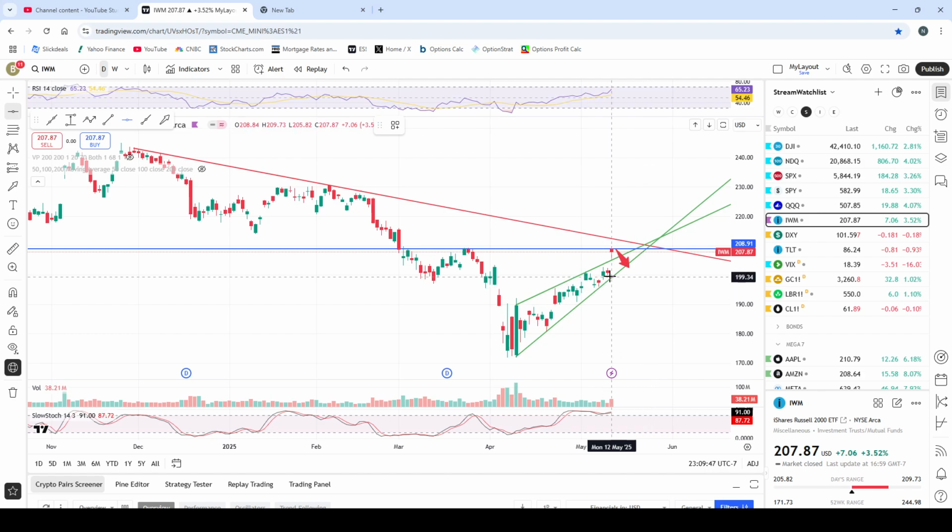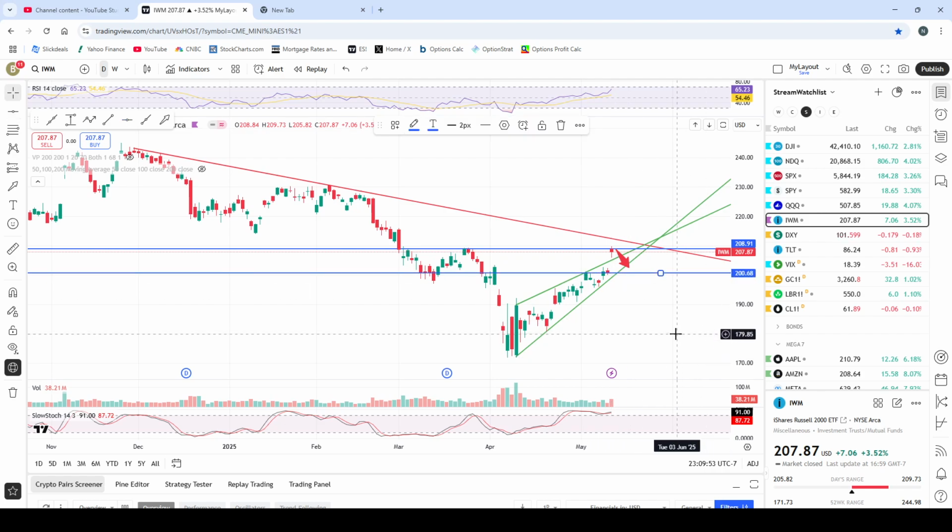So if it pulls back, I would say it will go back to 200. First, it's an even number, and people like even numbers.